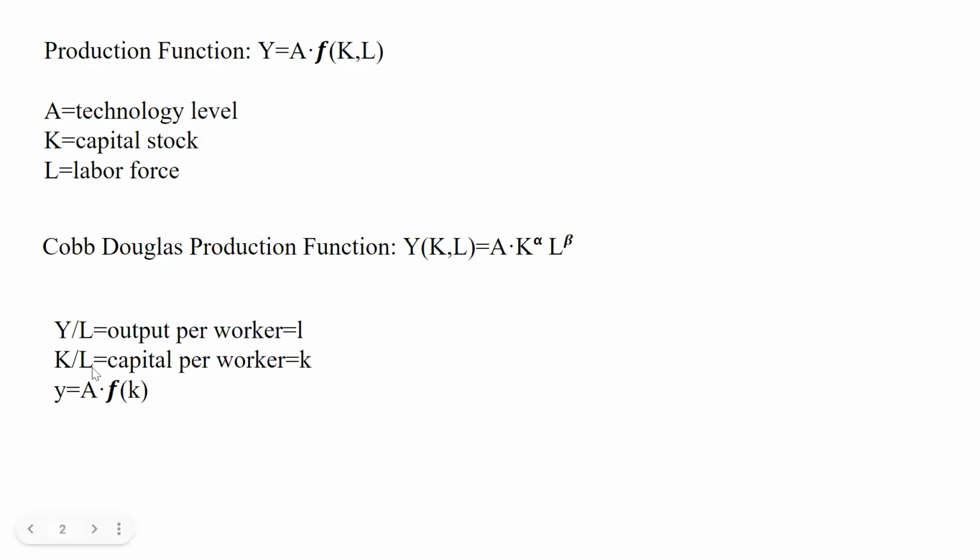So importantly, we look at output per worker, which is little y, and capital per worker, lowercase k. Putting it in per capita terms gives us a more realistic idea about the health and growth of the economy than just absolute terms.